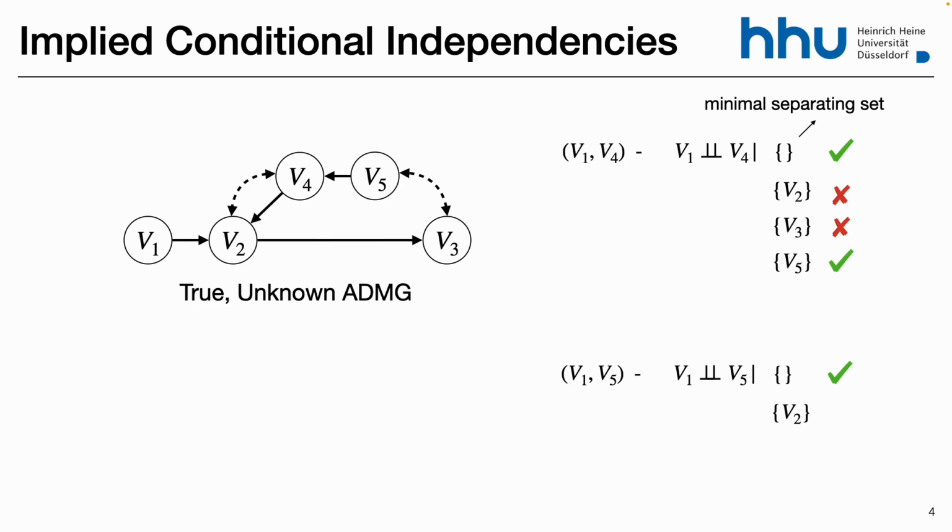You can pick which path you want to look at first. Let's pick this one here through this bidirected edge. So what happens when I condition on V2 with this first triplet? The first triplet is open.